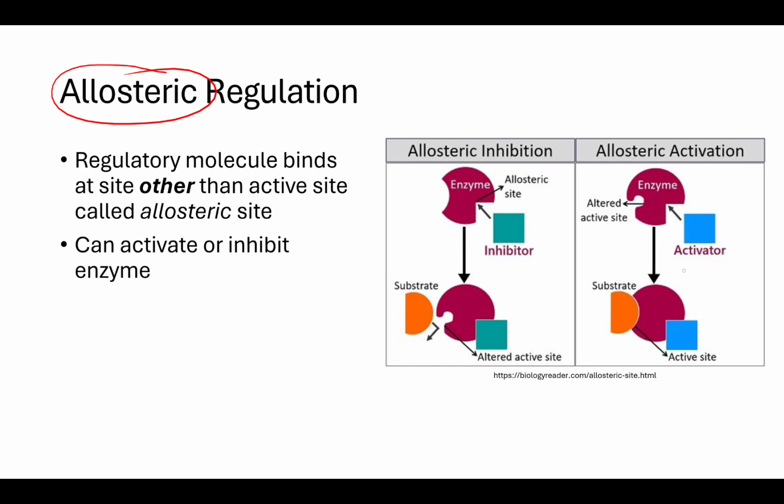Activators will help the function of the enzyme, maybe make it more active or make it possible for it to bind to its substrate, and inhibitors will block enzyme function. So it could be something as simple as they change the shape of the active site so that it's less likely a substrate can bind. They may induce changes in charge, something that would prevent a substrate from binding, just like an activator would potentially change an active site so that a substrate can now bind.